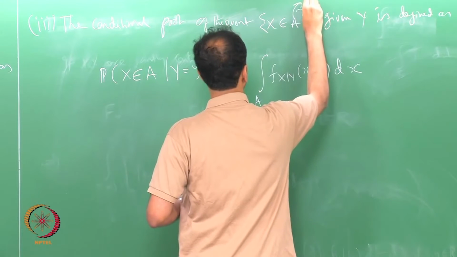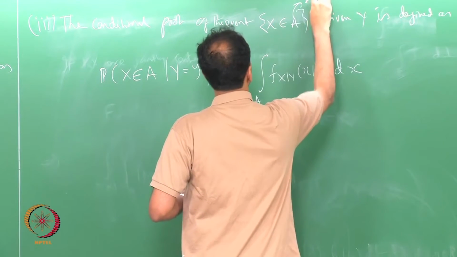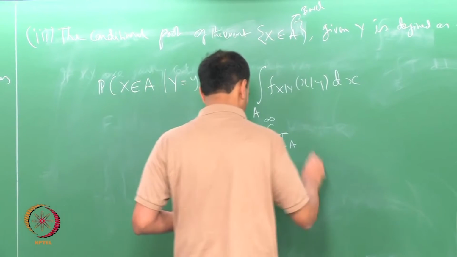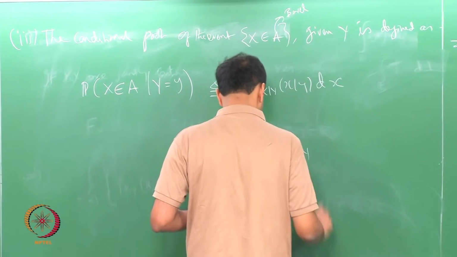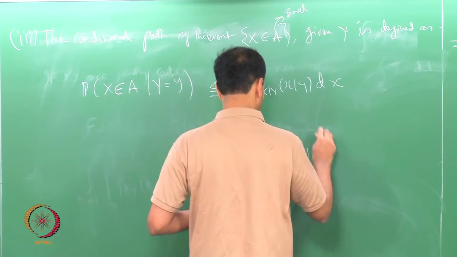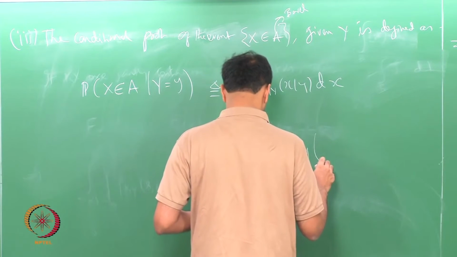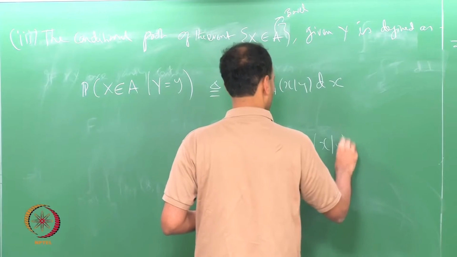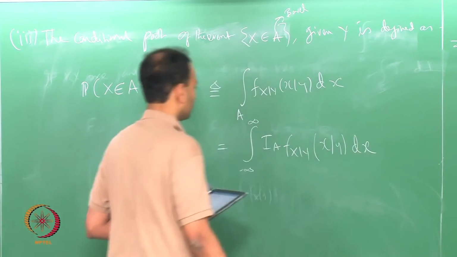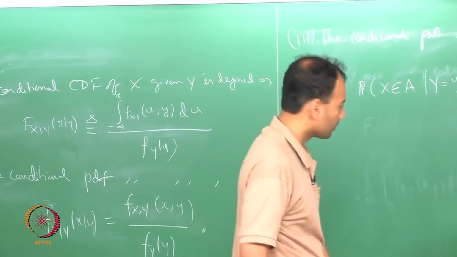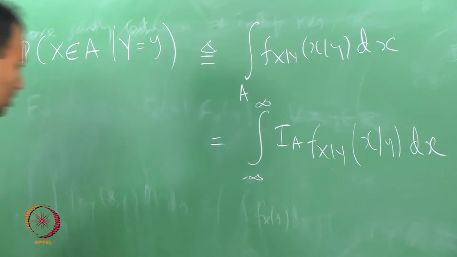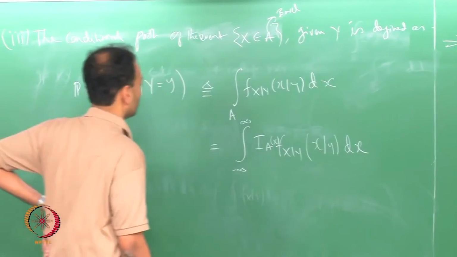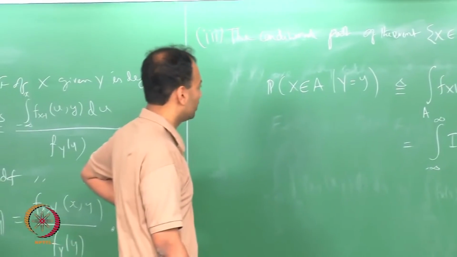This A is some Borel set, the Borel set on R. So this I can write as the integral of f x given y of x times I A of x. Okay, this is the definition.